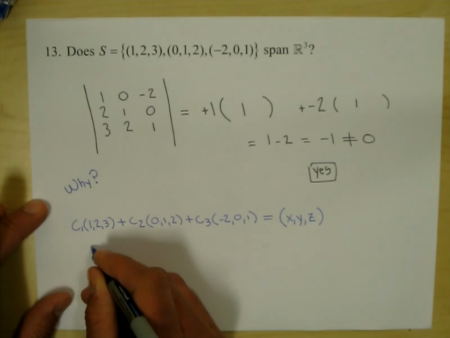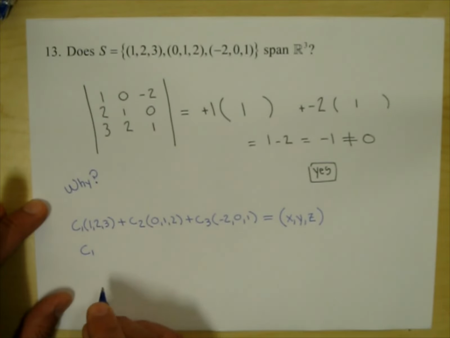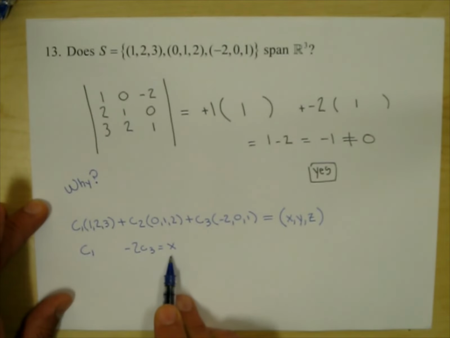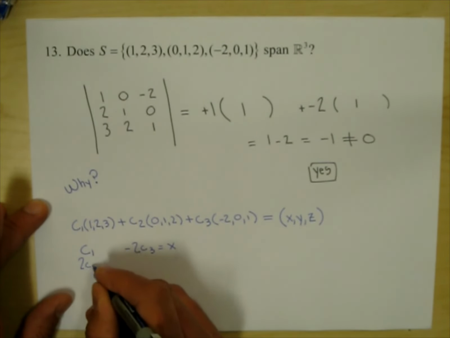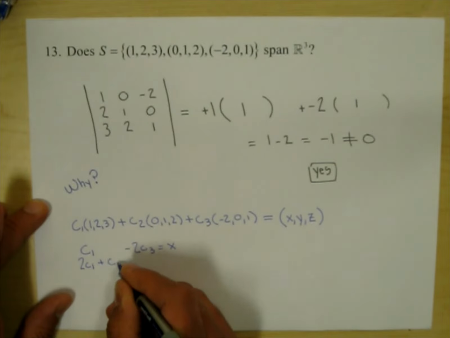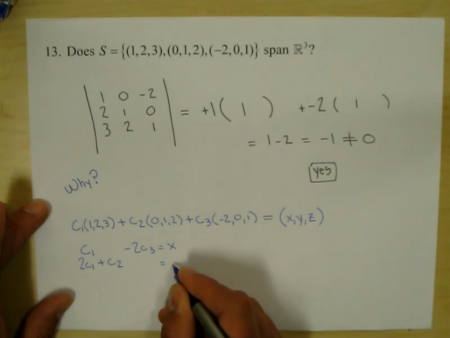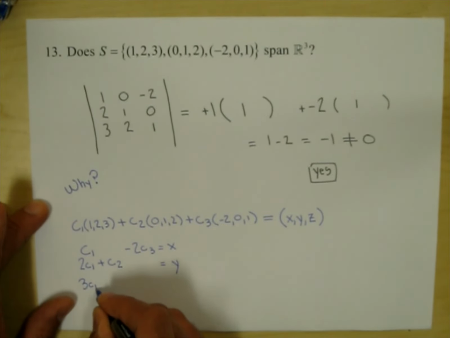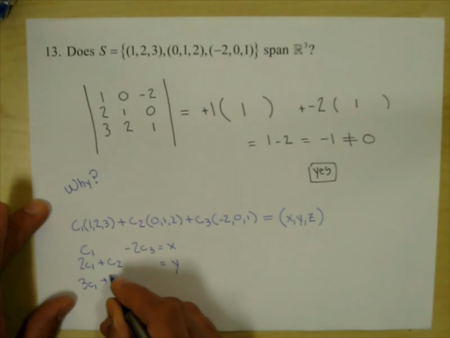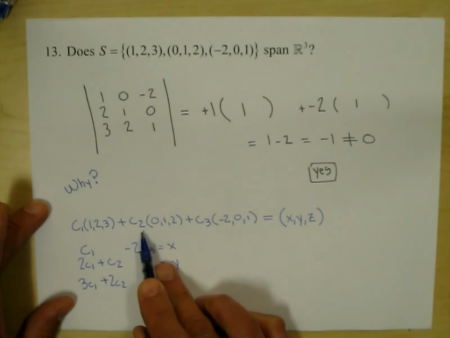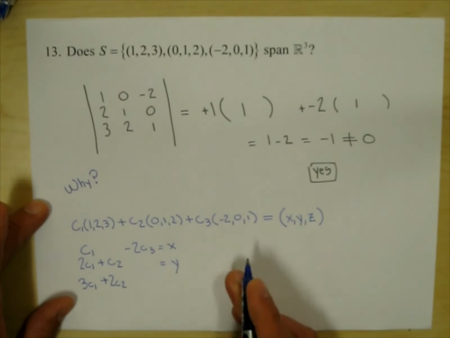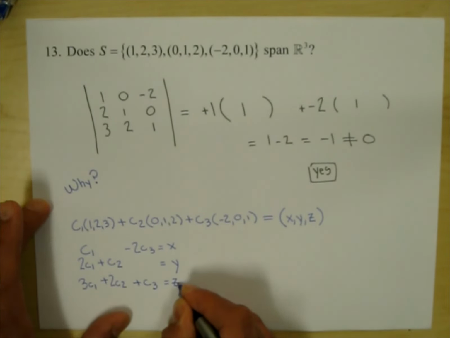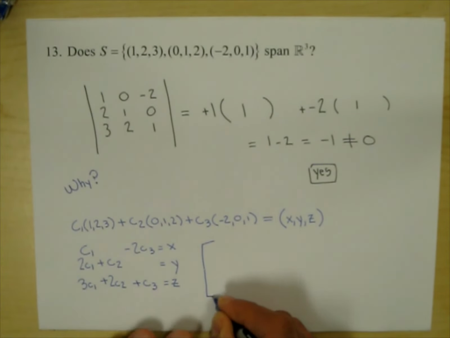So you have three equations. They look like this. C1 minus 2C3 equals X. It's weird to have an X there. And then we have 2C1 plus C2 equals Y, because there's a 0 there. And then this one is 3C1 plus 2C2, doing the last coordinates, plus C3 equals Z. So the augmented matrix looks like this.